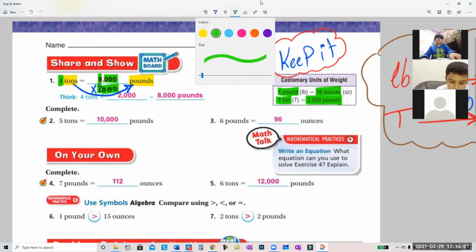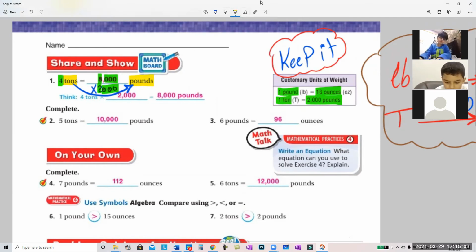Okay, the next one. Who can help with number 2? 5 tons equals how many pounds? Okay, Fahd, we need to convert from tons to pounds. So we're going to multiply by what? We can multiply by 16. Okay, let me remind you about it.